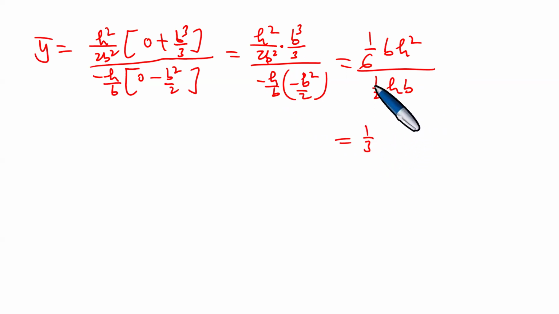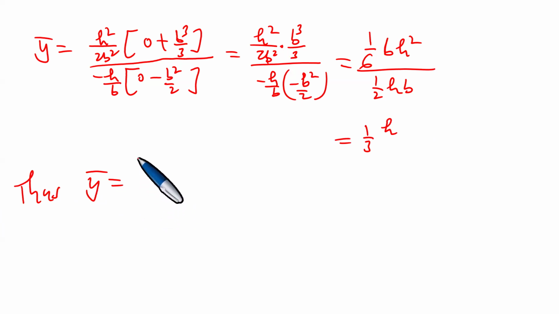So the b cancels out, and you'd have the full h over 3. Therefore, for a right-angled triangle, the y component of the centroid is the height of the triangle over 3.